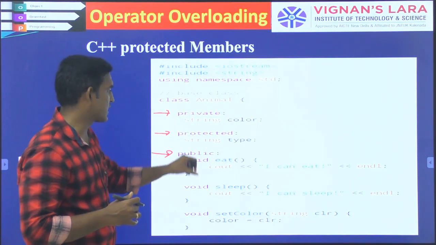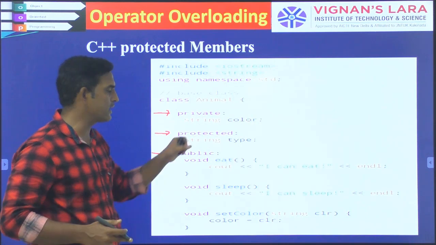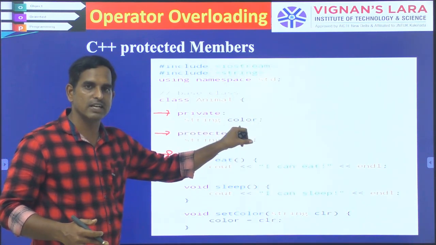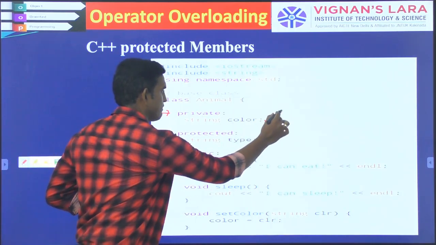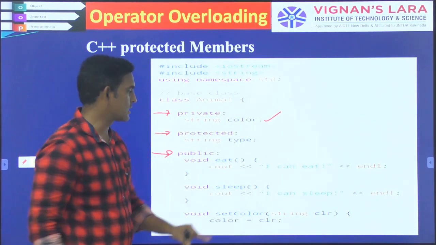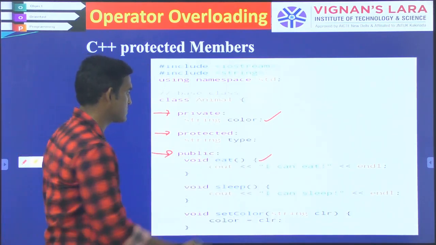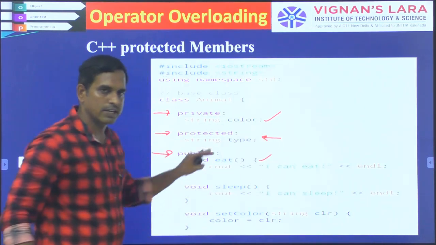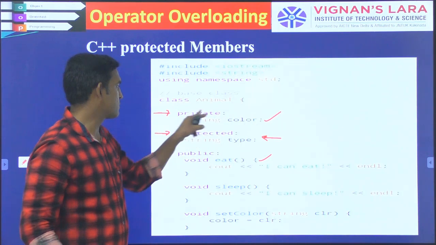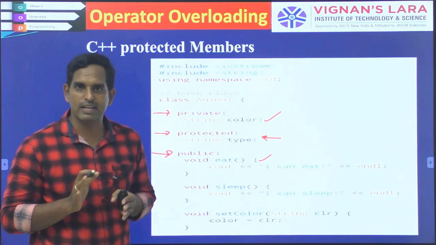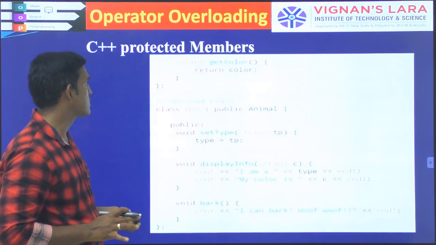Based upon the declaration of your data members, you should be able to comprehend where you can use these variables and where you should not. If it is a private variable, it should not be used outside the class. If it is a public variable, it can be used both inside and outside the class. And if it is a protected variable, it can be used within the class as well as the derived classes. But your private variable cannot be used in the derived classes also. Okay, so this is about your protected members.